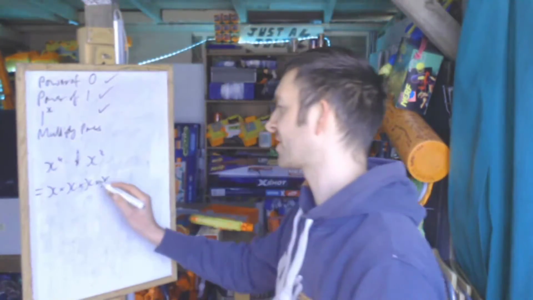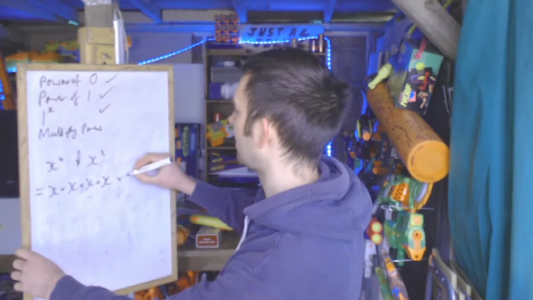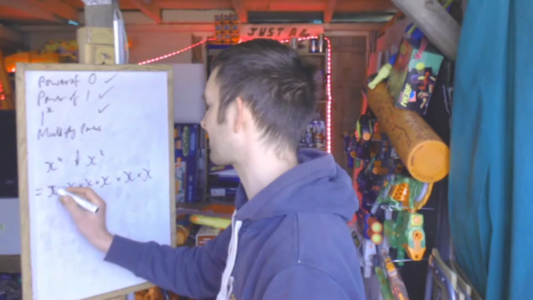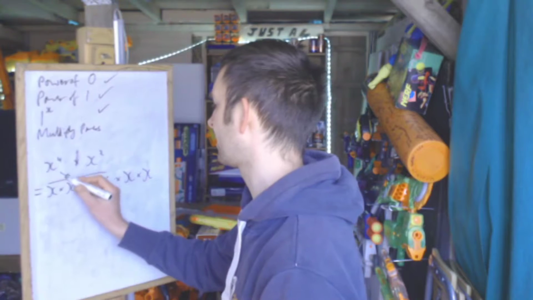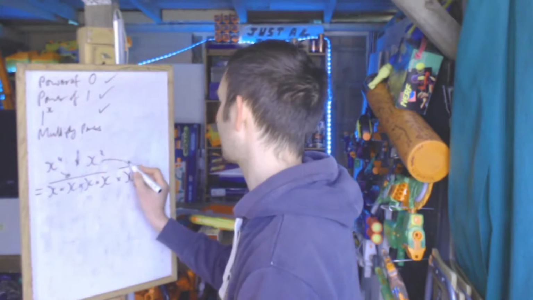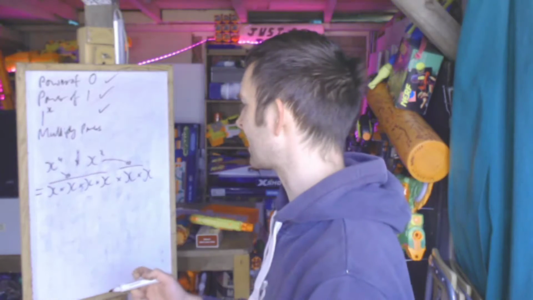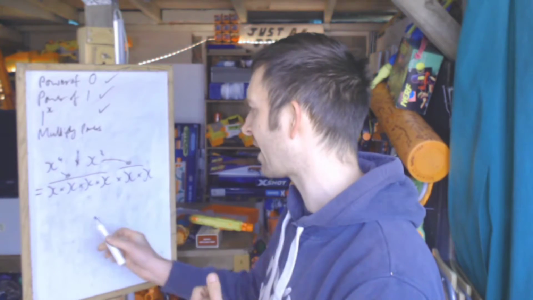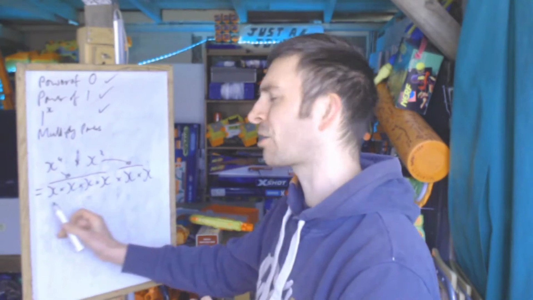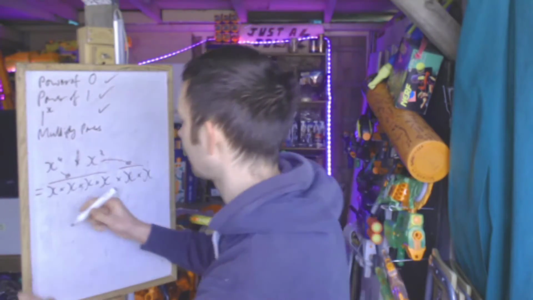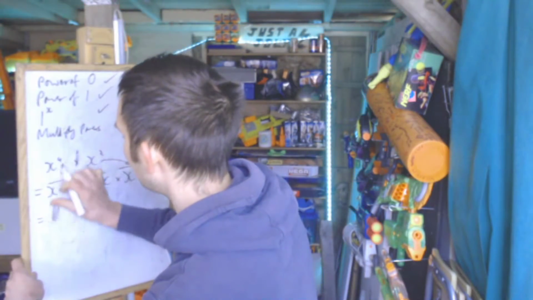There's my x to the power of 4 right there, times x to the power of 2. And there's my x to the power of 2 right there. Now, what we've effectively got when we do this is x to the power of the number of x's in this total, which is 1, 2, 3, 4, 5, 6. So this is actually equal to, what am I even doing?